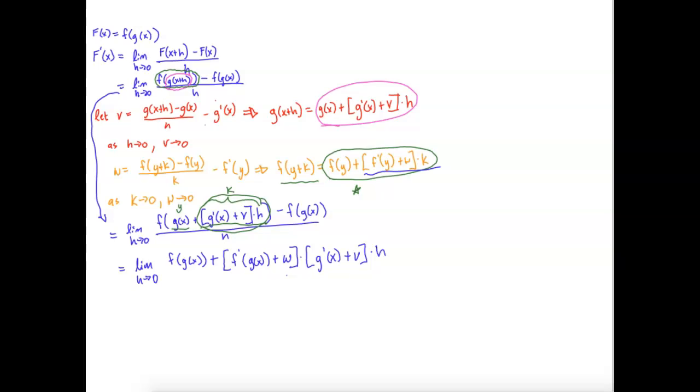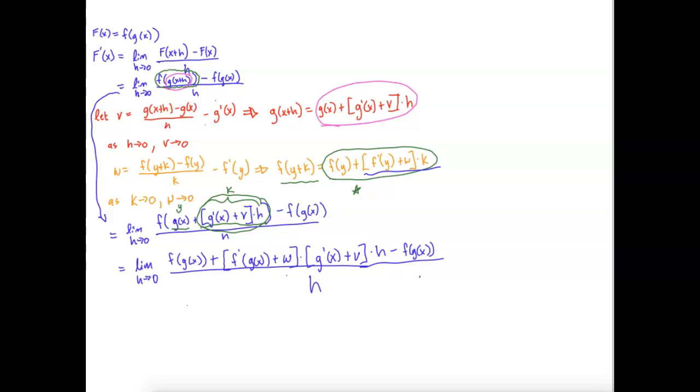Great. And then I still have the minus f of g of x and that's still all over h. We're almost there. Now we're about ready to start simplifying.